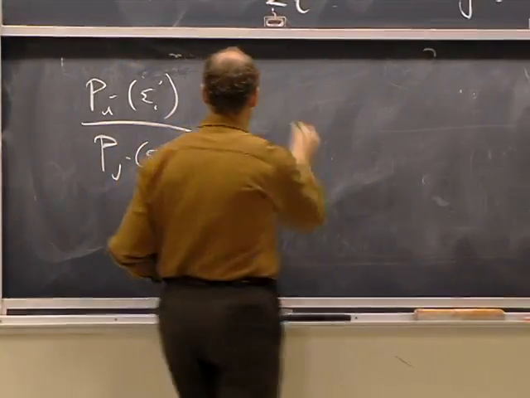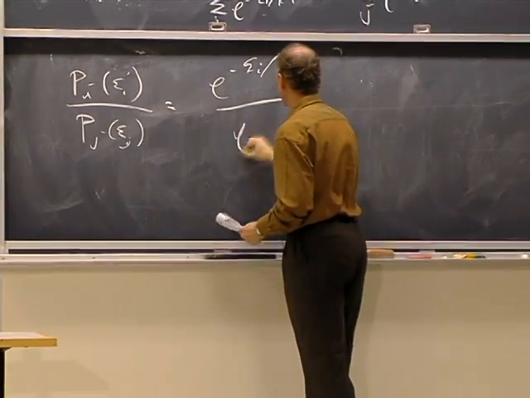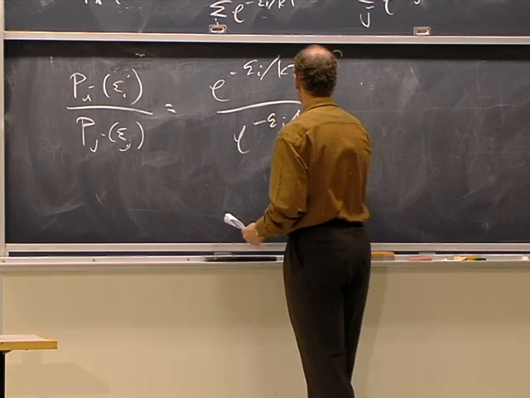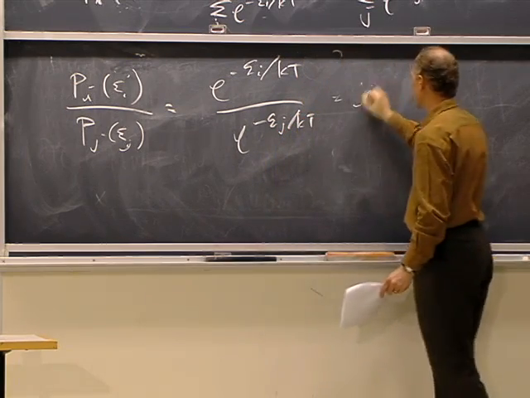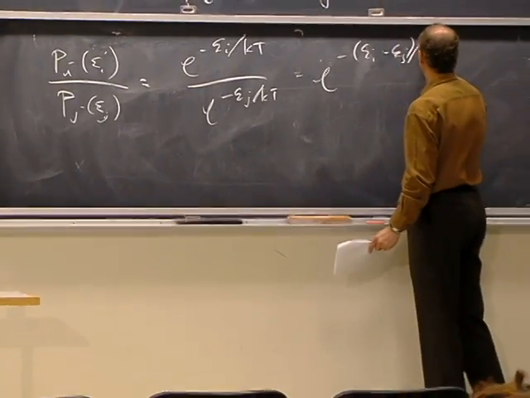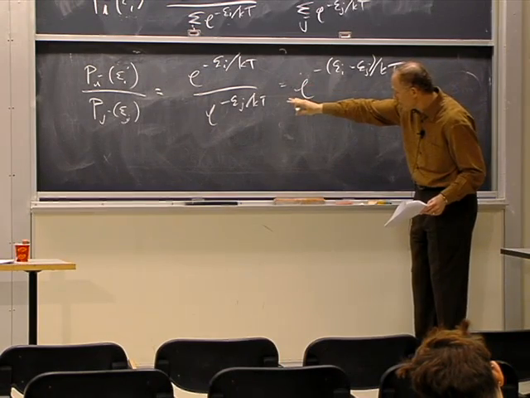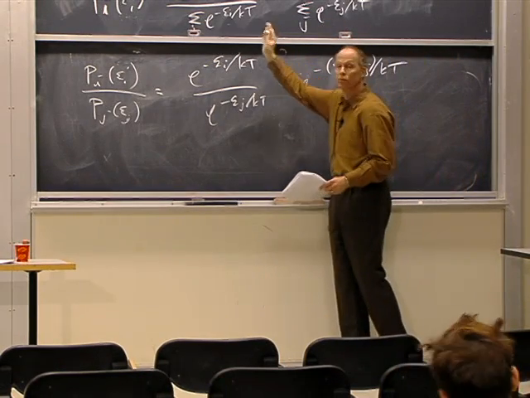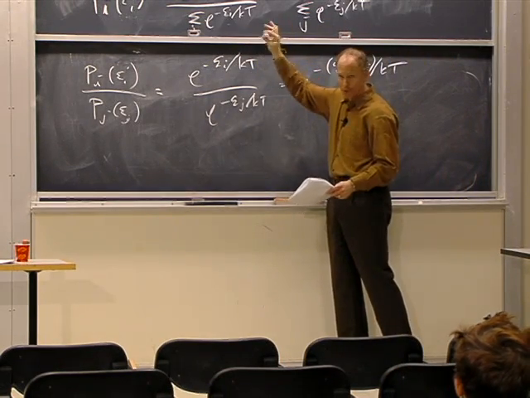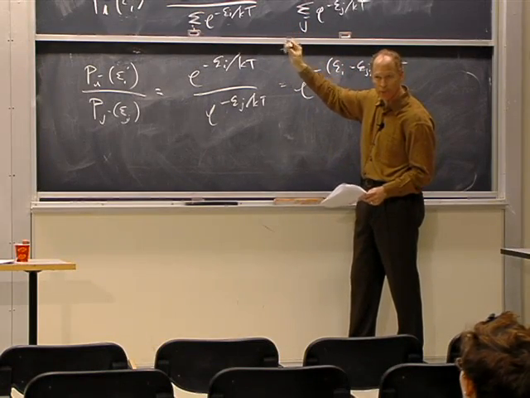Well, it's just e to the minus EI over KT over e to the minus EJ over KT, which is e to the minus (EI minus EJ) over KT. But apart from just being able to get the ratio, we can get the absolute number: the absolute probability that a molecule is in any particular state of a given energy.